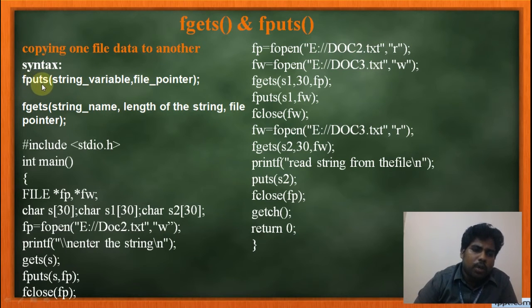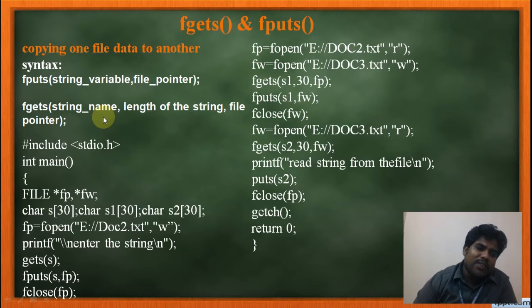First fputs: the string variable, then the file pointer. Inside the string variable some string will be there, which string you want to copy, that variable name, then the particular file pointer. Then for fgets it's somewhat different. First the string variable name you have to give, in which the string will be stored.